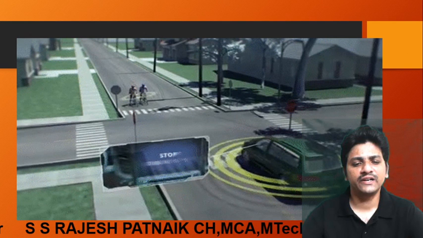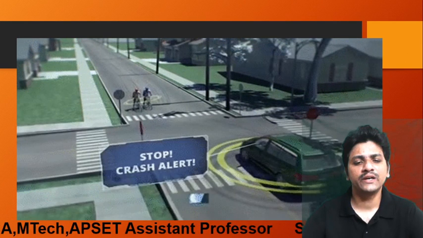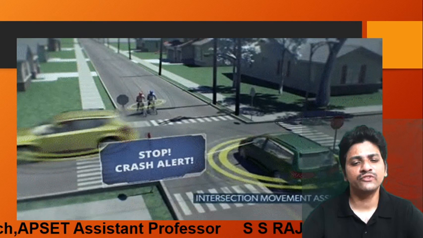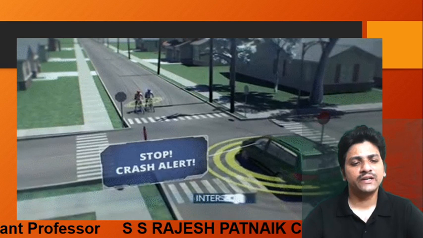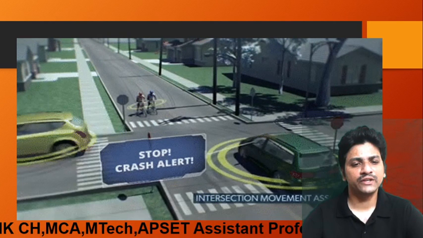Then it is automatically identified whenever another object is moving in front of that particular object, and it will automatically stop. It will take the necessary action whenever something is going to happen. Everything is taken care of. Nowadays connected vehicles are also one of the important topics in the Internet of Things.